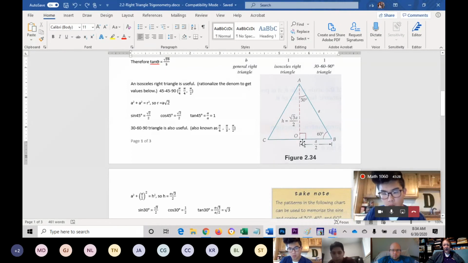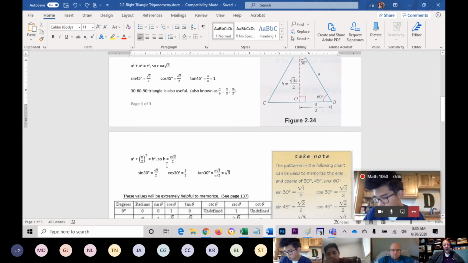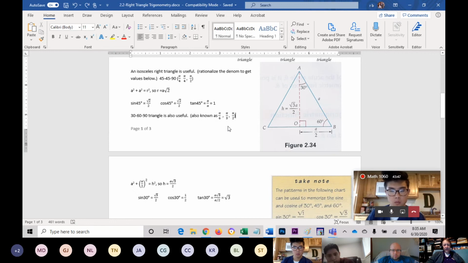So we can use the Pythagorean theorem: (A over 2) squared plus h squared equals A squared. And so h is going to be the square root of 3 over 2 times A. As we look at this, once again, we can figure out the sine of 30 degrees, which is going to be our opposite over our hypotenuse.